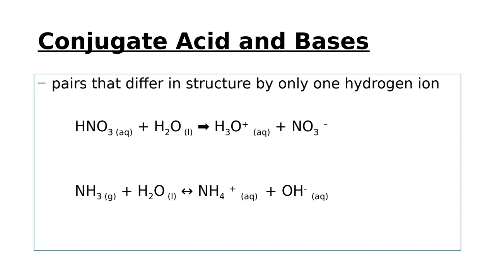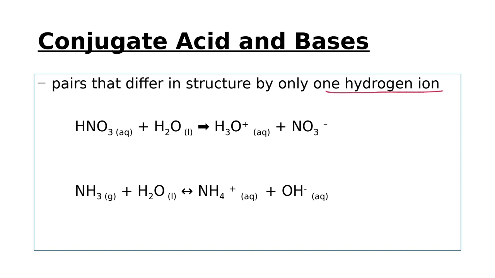Now, in grade 11 chemistry, we also talked about conjugate acid-base pairs, and we had you simply identify them in grade 11. And we kind of warned you, you'll need to know this for grade 12. Well, we will need to know this for grade 12. We're extremely interested in conjugate acid-base pairs. And these pairs differ in structure by only 1 hydrogen ion, right?